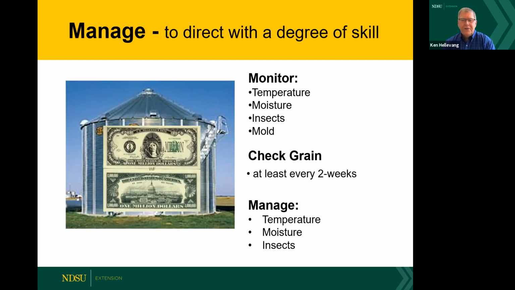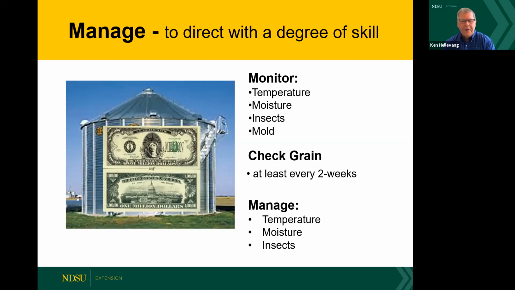As far as managing it, it's important that we monitor that grain condition. And typically what we're monitoring for is measuring the grain temperature, measuring the grain moisture content, looking for any indications of insects or mold growth. Some of that we can do with sensors. Some of it we just need to be visually inspecting that stored grain.